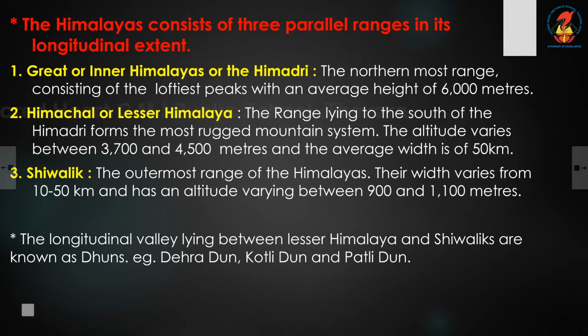That is the range lying to the south of the Himadri and forms the rugged mountain systems. Its altitude varies between 3,700 and 4,500 meters, and the average width is 50 kilometers.